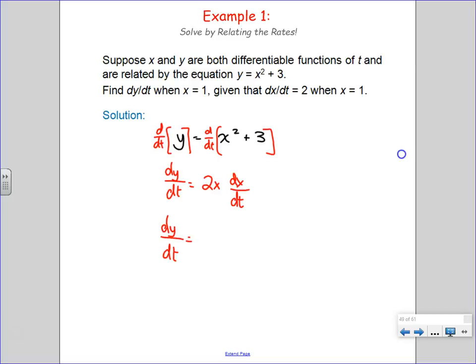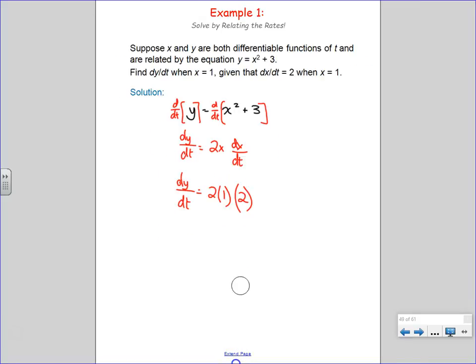When x equals 1, we also know that dx/dt is equal to 2. And long story short, dy/dt is equal to 4. We have no idea of units, so we just say that's the rate of change: 4 changes in y with regard to 1 change in t.